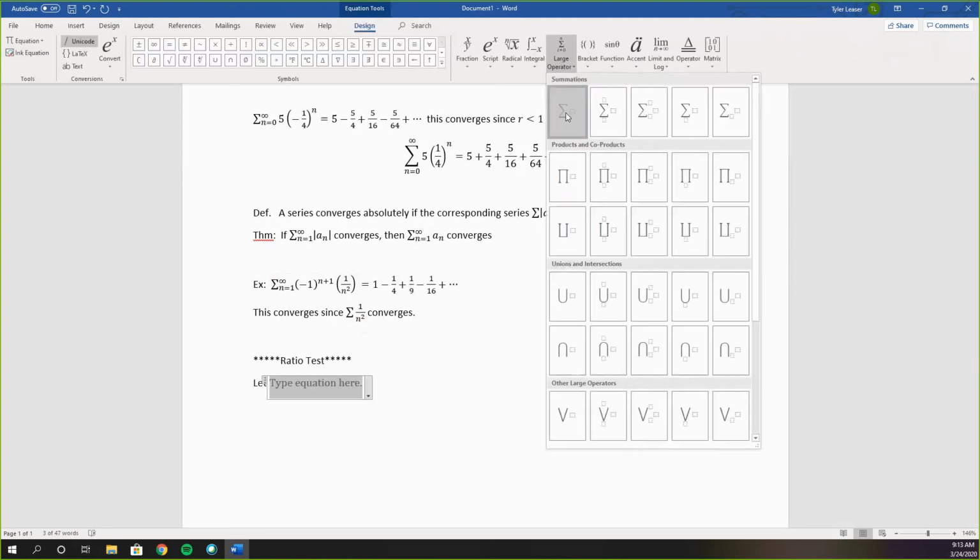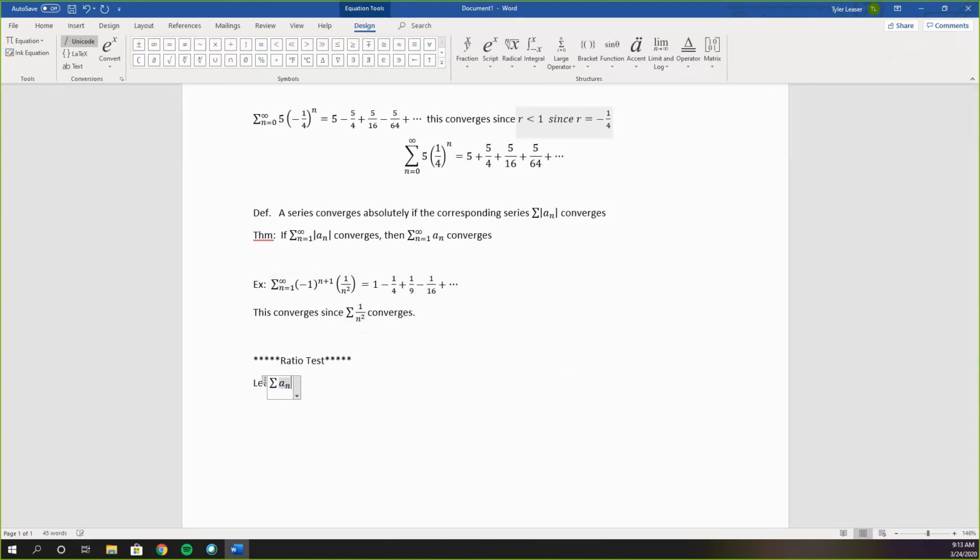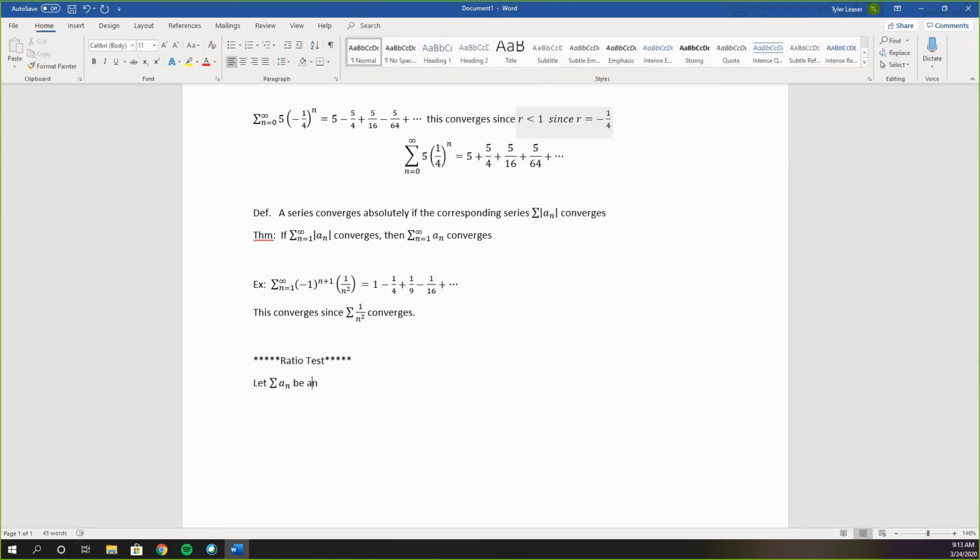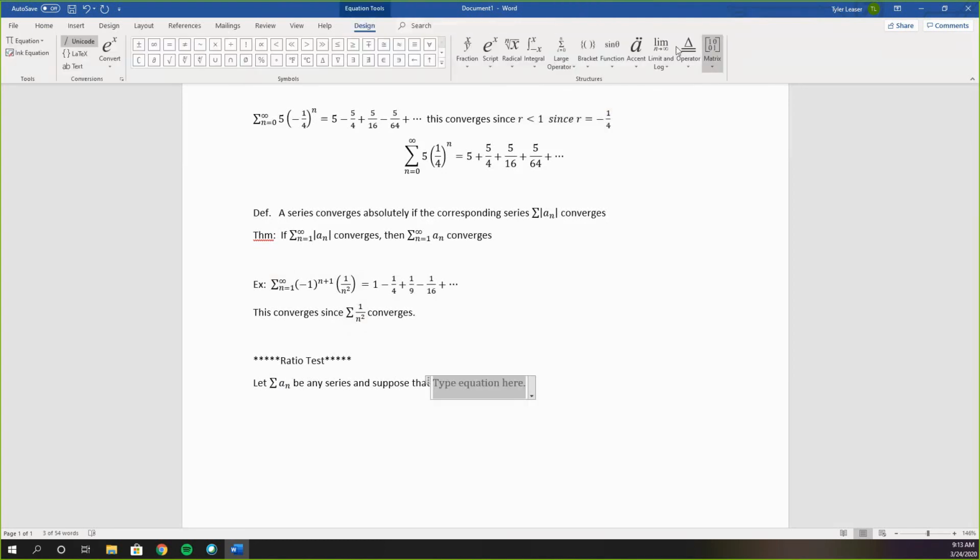Let there be some series of sequence terms a sub n. Let that be any series. And also suppose that we look at a special limit: the limit as n goes to infinity of the absolute value of a ratio, of course, because it's called a ratio test.